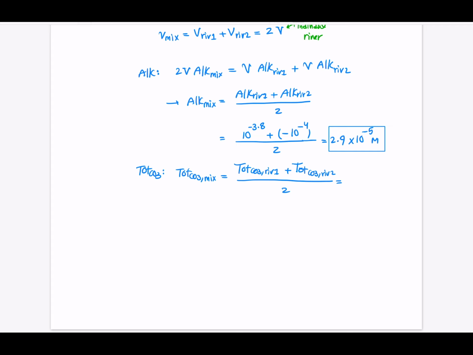And when we have the values, it would be 10 to the minus 3 or minus 5, minus 3.77, which would be 9.